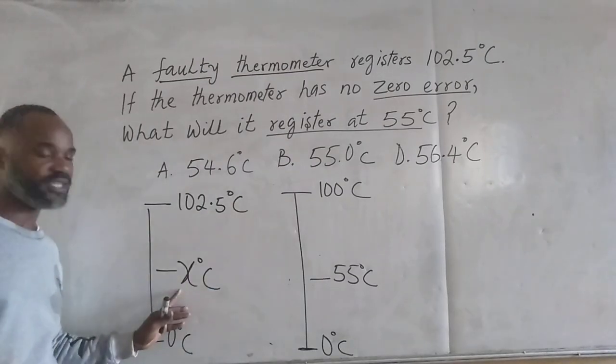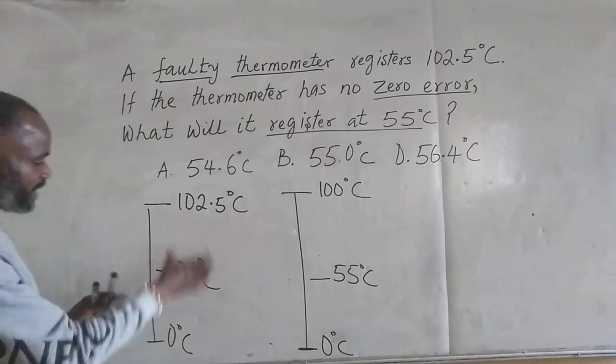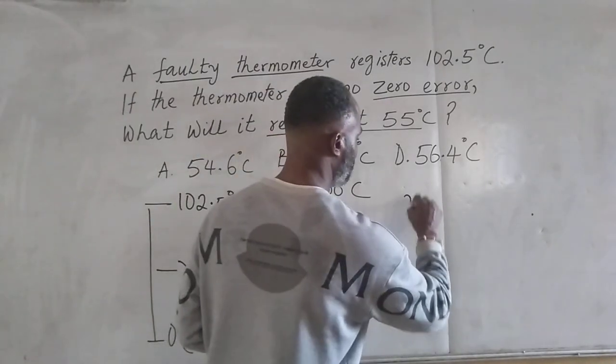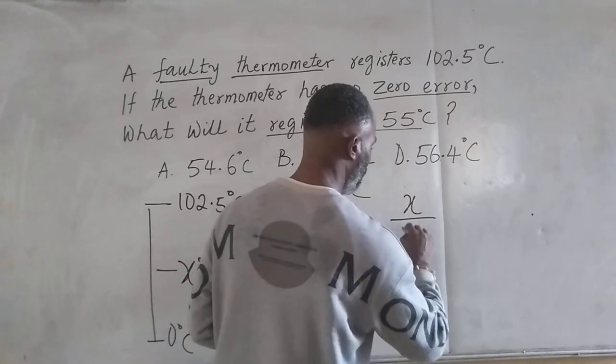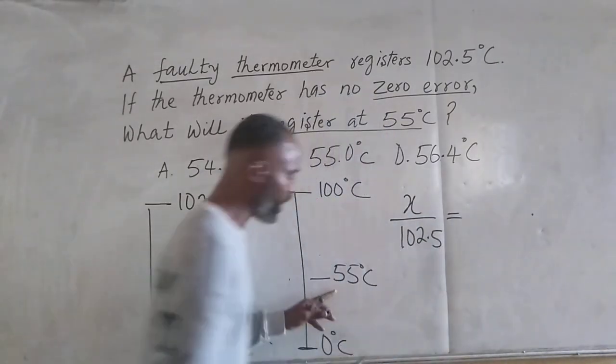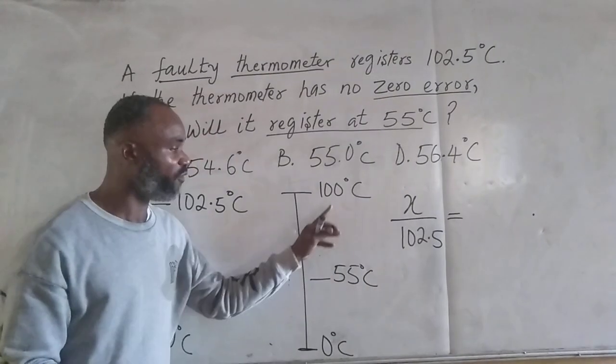So how do we now find this? We equate everything. We take this, x, over this, 102.5, is equal to 55 over 100.